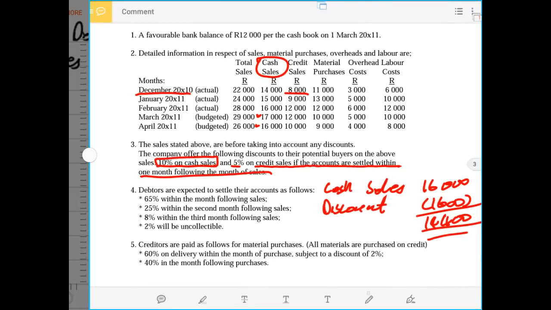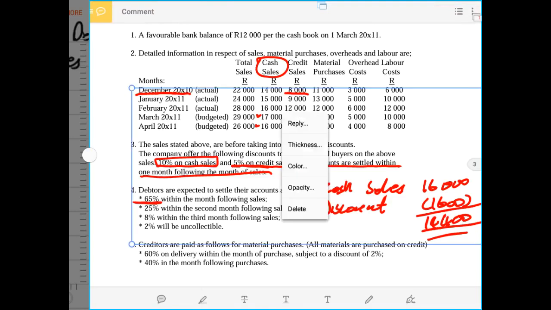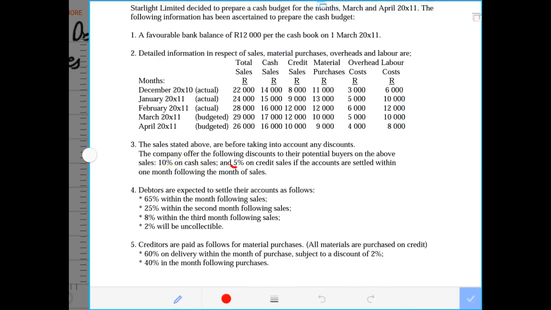If 65% is paid in the month following sales, then a 5% discount will be granted. We must not forget that discount of 5% even now, because it is 5% on credit sales if the accounts are settled 1 month following the month of sales.